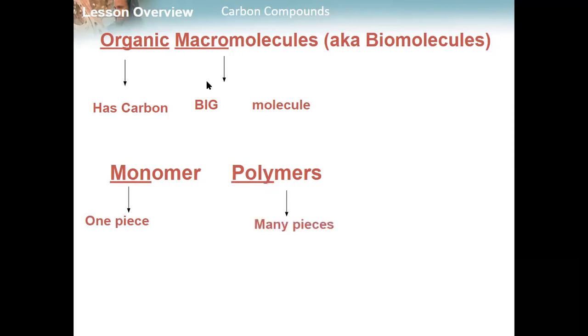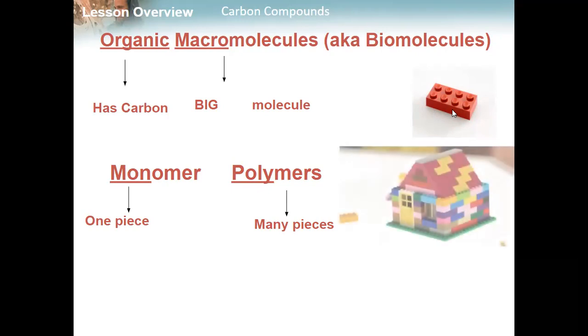So these words, macromolecule, biomolecule, and polymer, sometimes you'll hear them all meaning the same thing. They are big molecules. You can think of it like this: polymers, macromolecules, and biomolecules are made up of smaller pieces called monomers, kind of like a Lego piece. You put all those Lego pieces together to make a structure, let's say like this Lego house.